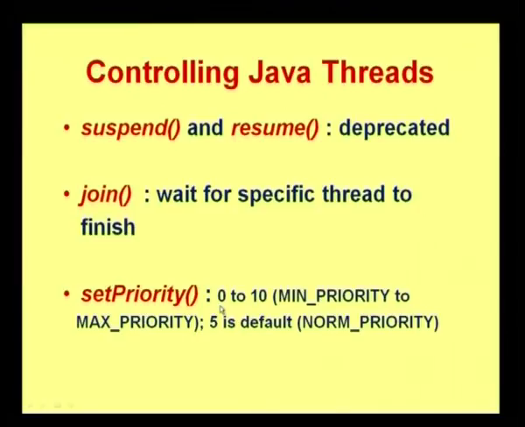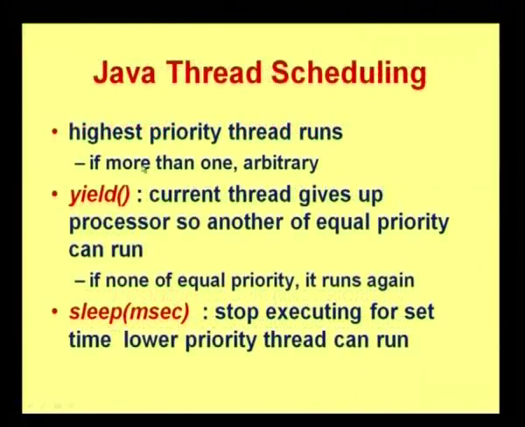The minimum value you can set for your priority is 0, which is MIN_PRIORITY, a constant assigned the value 0. 10 is the maximum priority you can assign to a thread, and 5 is the default. Whenever you run your thread without setting any priority, it will have normal priority. Next we are going to see a few methods used for scheduling.